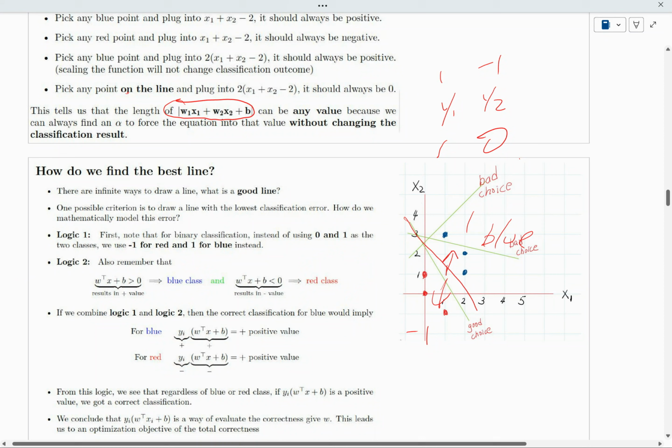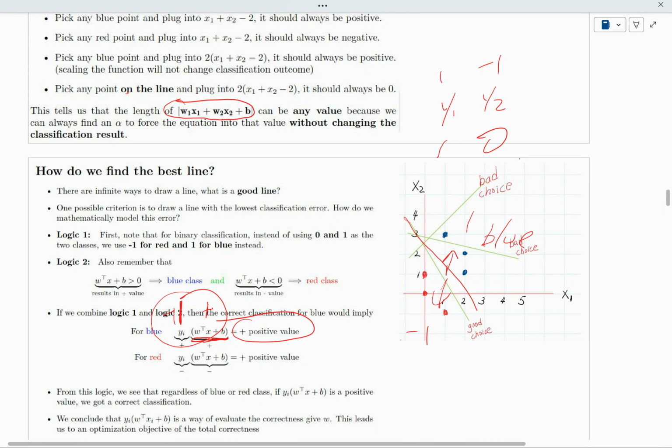If we follow logic 1 and logic 2, it means that if we multiply the label, which is 1 or -1, by the line value for blue, which is always going to be a positive value, then the label for blue is supposed to be +1. So if we multiply 1 by a positive value, that will always give us a positive value.